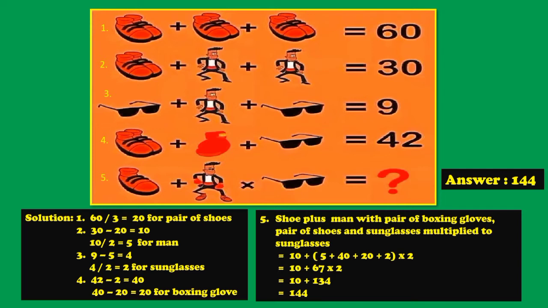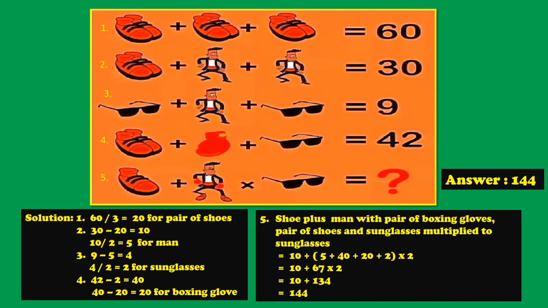So we have 10 added to the 5 because we have a man, and 40 because we have a pair of gloves. Every glove is equivalent to 20, so with 2 gloves we have 40. A pair of shoes is 20 also, and a sunglass is 2, then multiplied by 2.